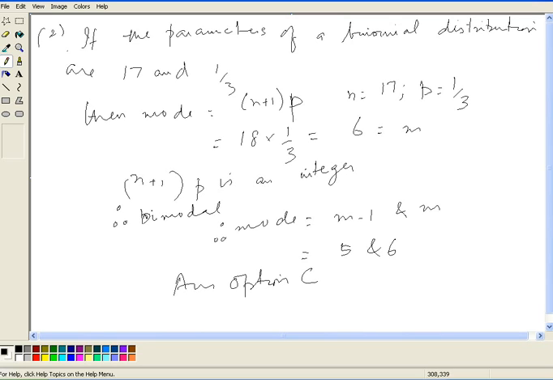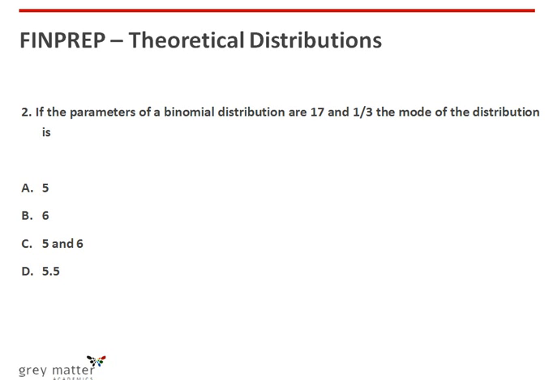Now if (n plus 1) into p is an integer, it is bimodal. Therefore mode has two values, m minus 1 and m, which is equal to 5 and 6, which is nothing but your option C. Going to our PowerPoint presentation, it is option C, which says 5 and 6.